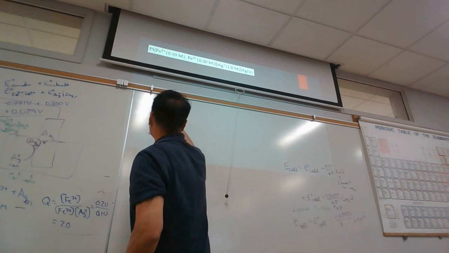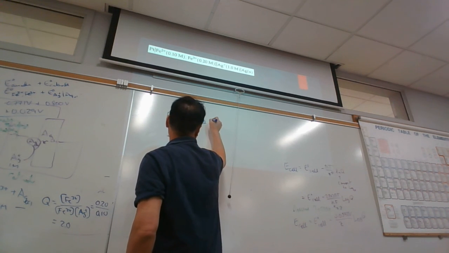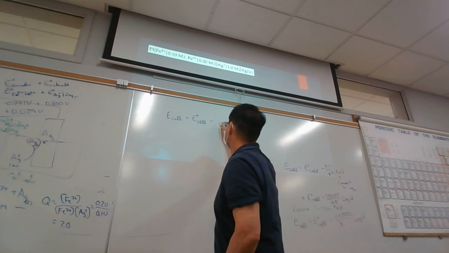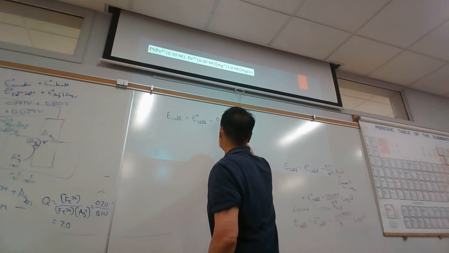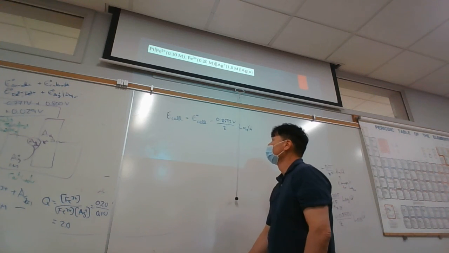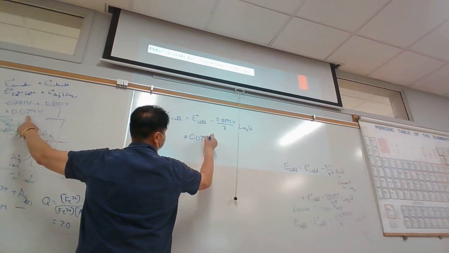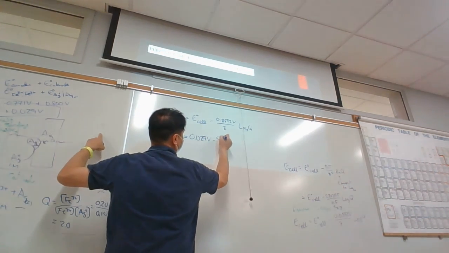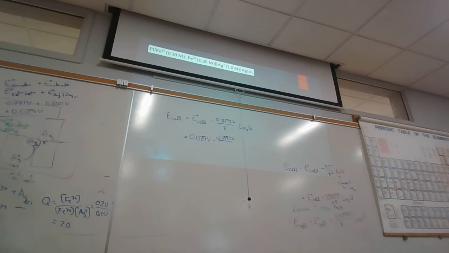The Nernst equation says E of the cell under non-standard conditions is equal to E of the cell under standard conditions minus 0.0592 volts over Z times the log of Q. We calculated the cell potential under standard conditions as 0.029 volts, minus 0.0592 volts divided by Z. Z is the number of electrons transferred in the balanced reaction.